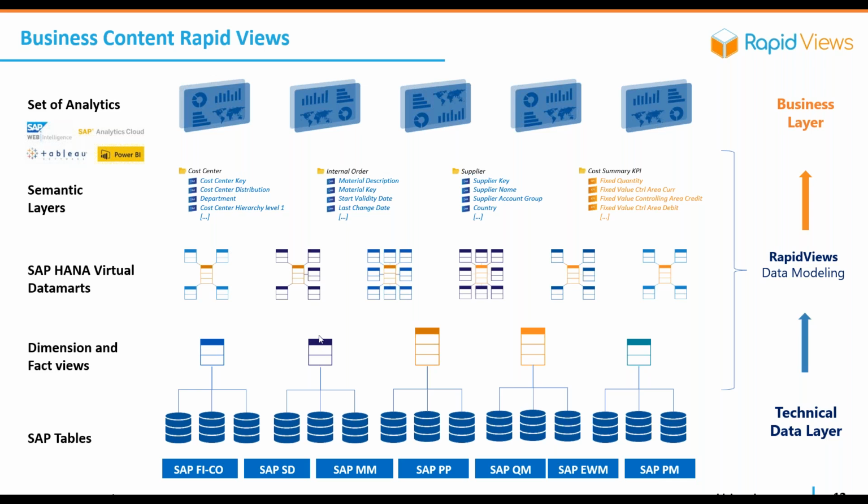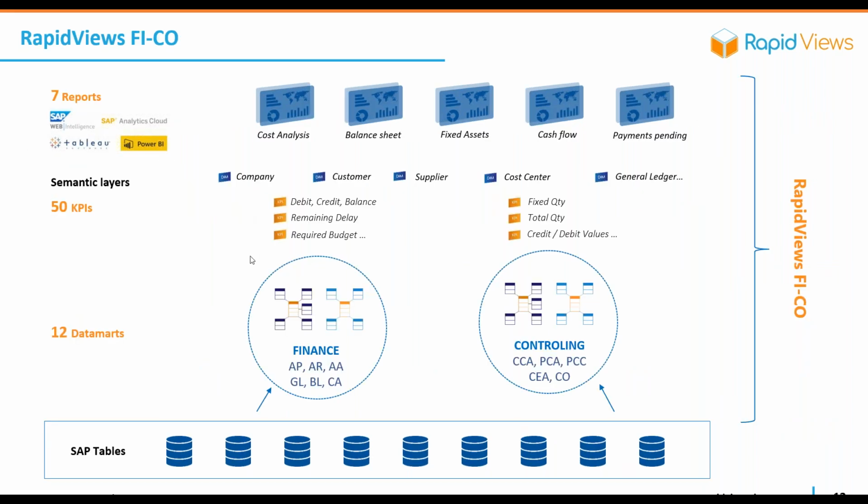So RapidViews Business Content is all these components: dimension and fact views, data mart, and a predefined semantic layer. So we did it for FICO. So we are covering everything about finance and controlling. We have about 12 data marts, 50 KPIs, and samples of reports.